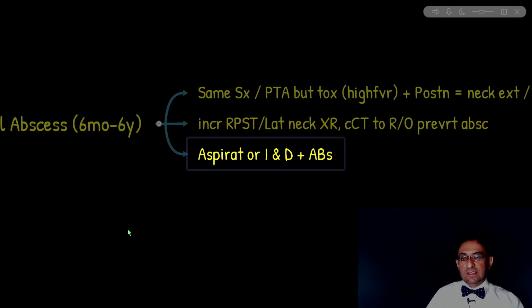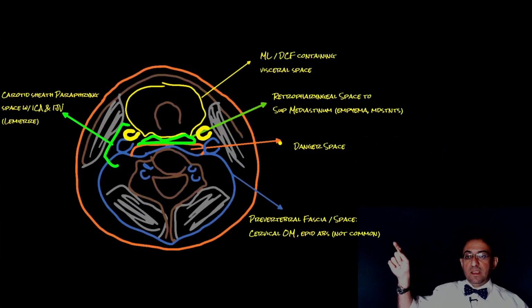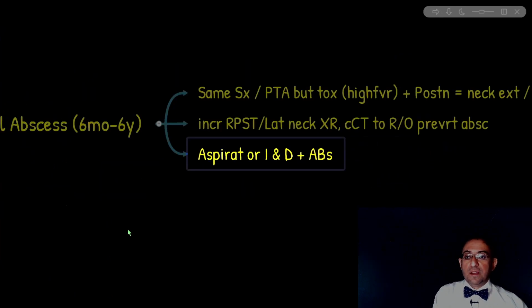Now, what is the antibiotic treatment for this patient? Remember again, I mentioned the possibility of spread of infection from the retropharyngeal space downward to the superior mediastinum, causing necrotizing mediastinitis. This requires surgical debridement and broad spectrum antibiotic coverage for at least 2 to 6 weeks.